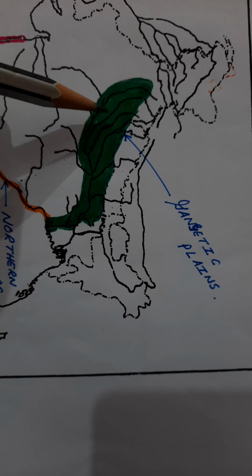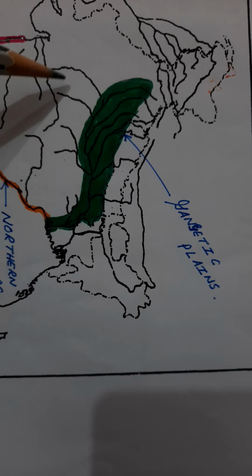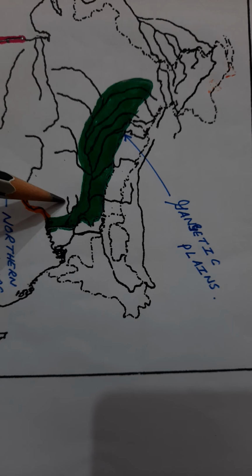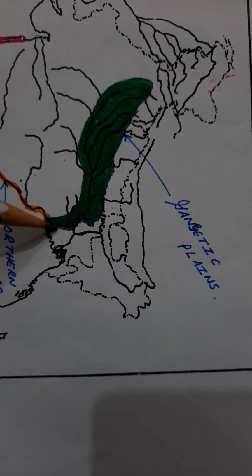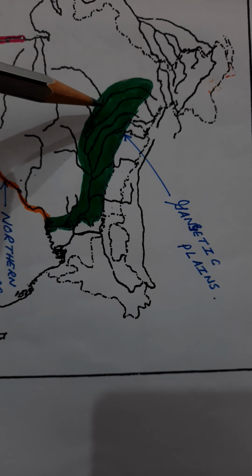So there are the Himalayan tributaries of the Ganga and these are the peninsular tributaries of the Ganga. The Ganga is one of the longest rivers, and the adjoining areas of the Ganga are called the Gangetic Plains.